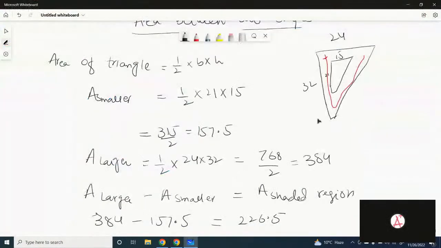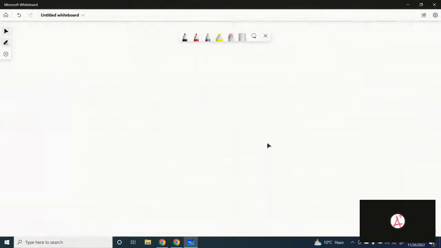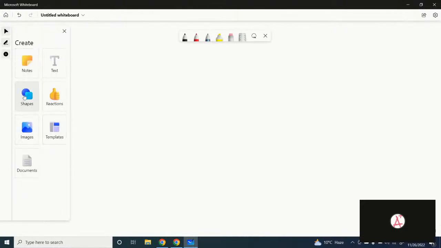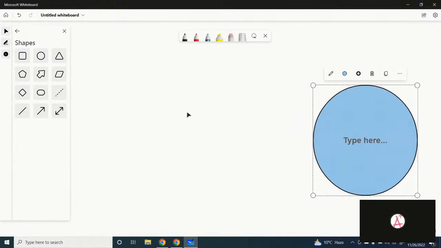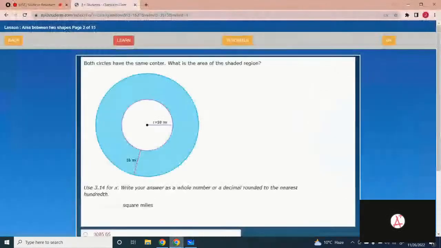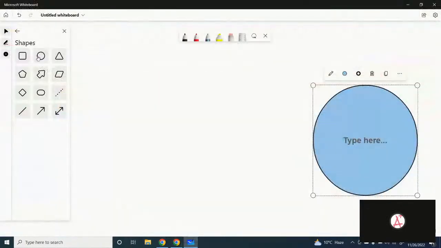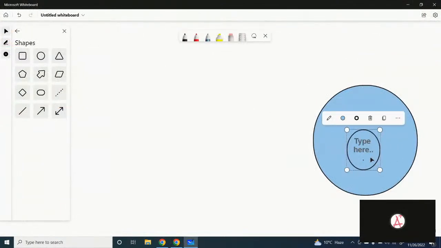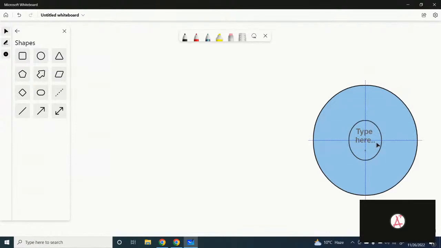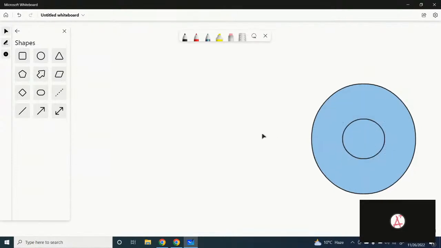Let me just draw both the circles. That is the greater one, and then that would be the smaller one.